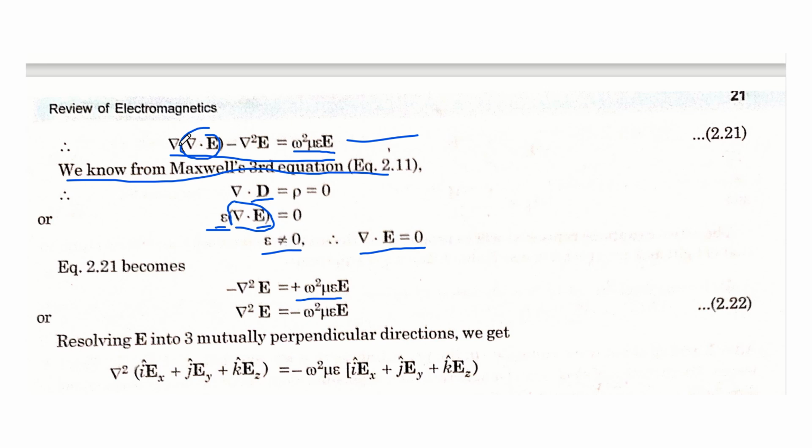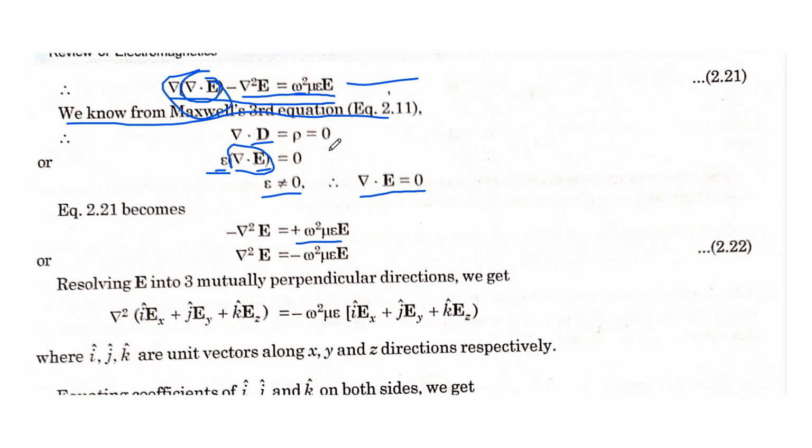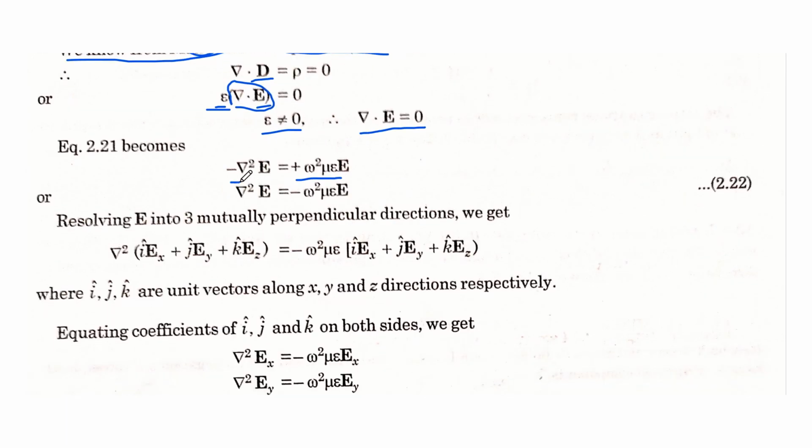So all the terms will become 0 because it's the product term, and the remaining one is minus del square E bar is equal to omega square mu epsilon E bar. Now I simply multiply on both sides with minus, then my equation will be like this, that is del square E bar is equal to minus omega square mu epsilon E bar.